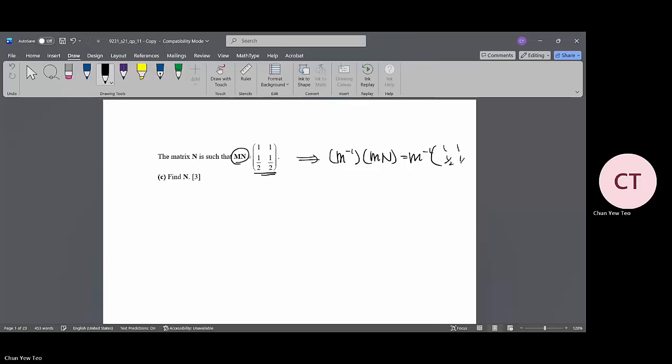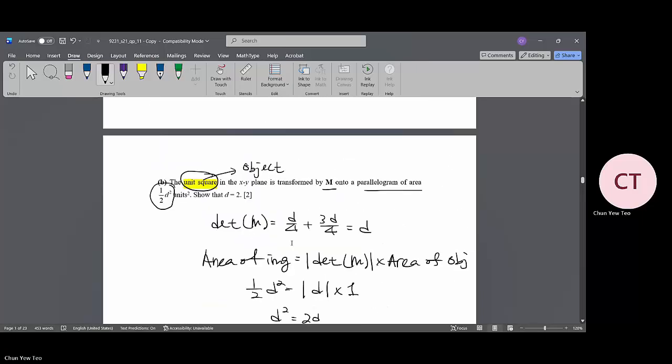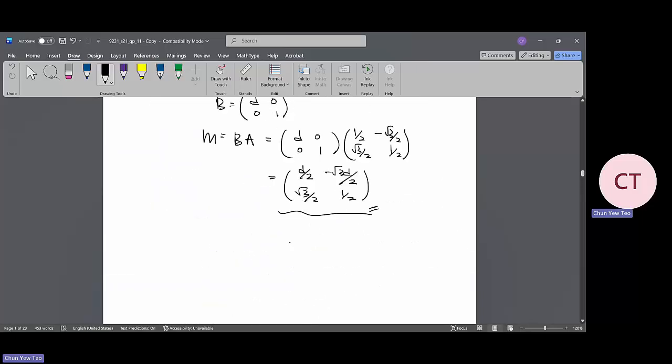Then we can get N. So before we find N, we need to find M inverse. And to find M inverse, we need to replace d equal to 2 inside M. So your M, change d to become 2.